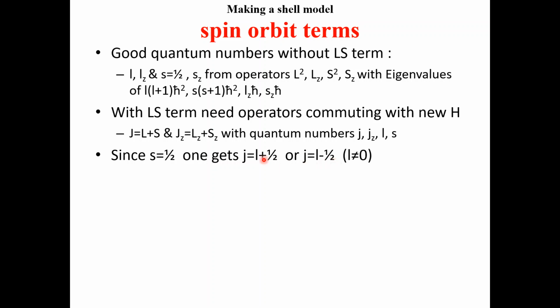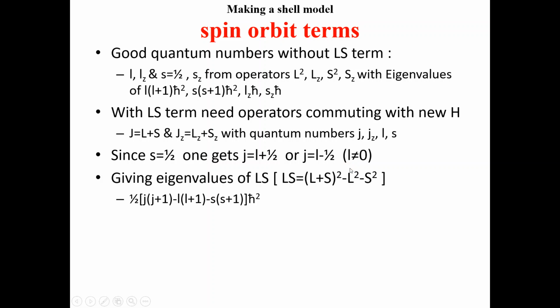We know that for half the spin is positive and for half the spin is negative. In this particular condition you should know that L is not equal to 0.